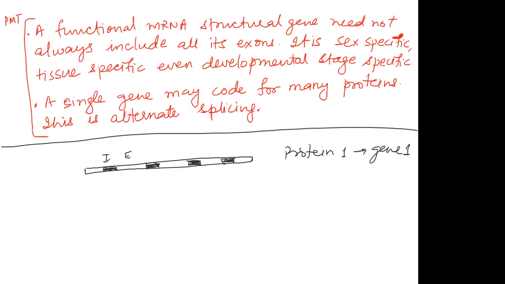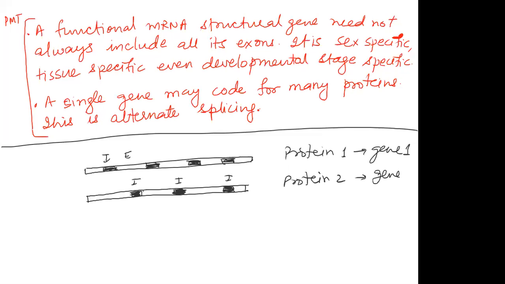But the same gene, what can it do? Suppose this time only this one is an intron, this intron, and maybe this one also, intron. So this will be forming protein 2 this time. So this is the same gene, gene 1.